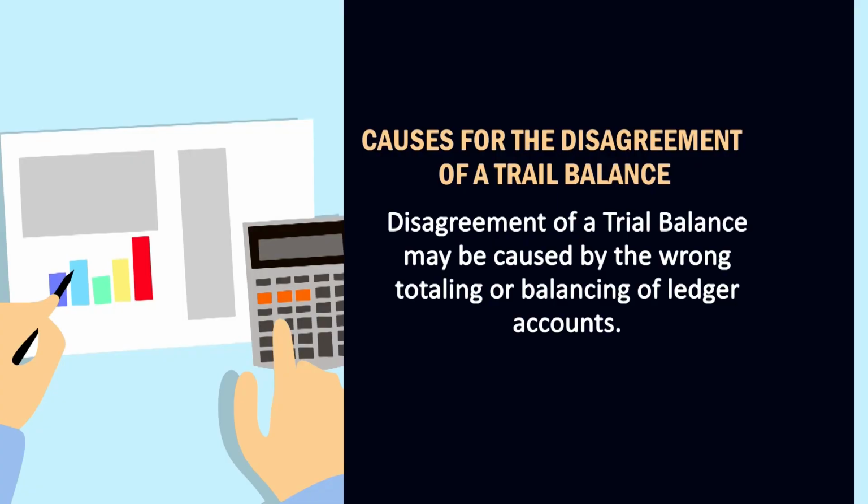Or we made the total of the ledger account right, but we committed a mistake while making the balance of that particular ledger account. So, if there is a mistake in balancing a particular account, then the trial balance will also not tally.